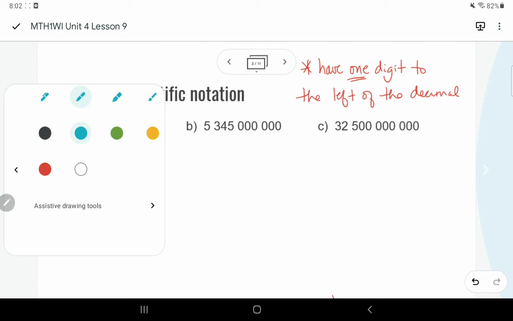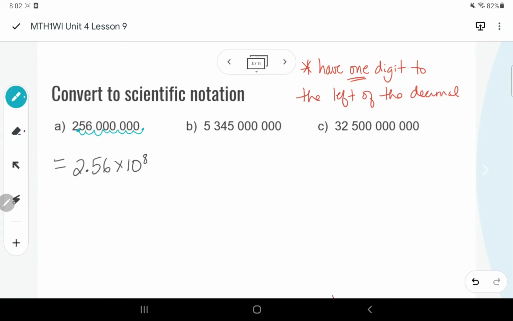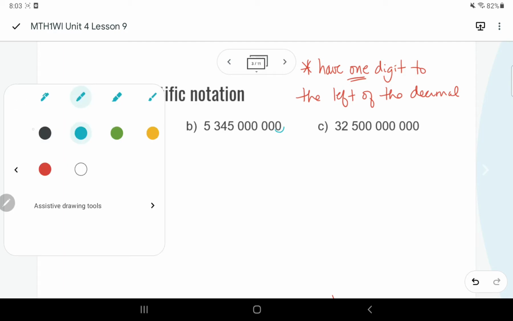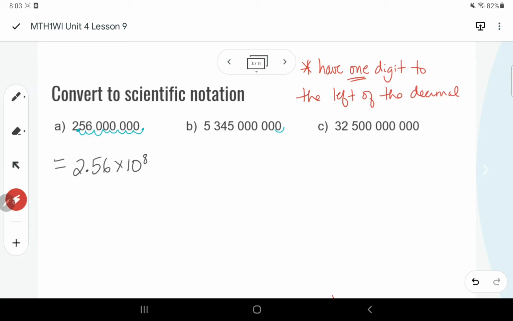So each time we're going to look at how many decimals we would have to move. How many steps does the decimal place have to take? So here, the number part that I'm looking at starts with 5345. So I'm going to have just one number before the decimal, 5.345 times 10, and I have to figure out my missing exponent here.